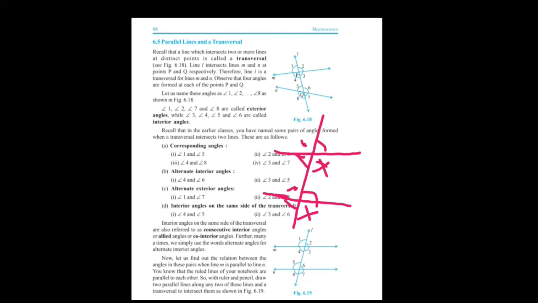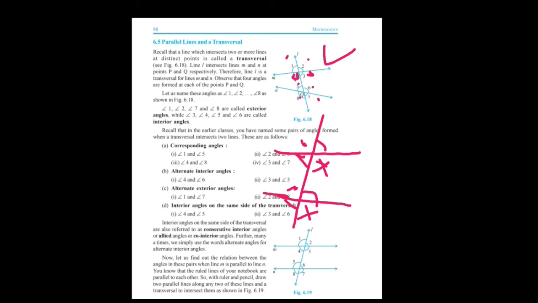So total 4 pairs of corresponding angles. See, in this figure, given that 1 and 5, the second pair is 2 and 6, and afterward the third pair 4 and 8, and same like that 3 and 7. So these are the 4 pairs of corresponding angles.